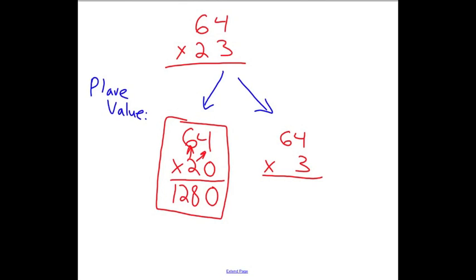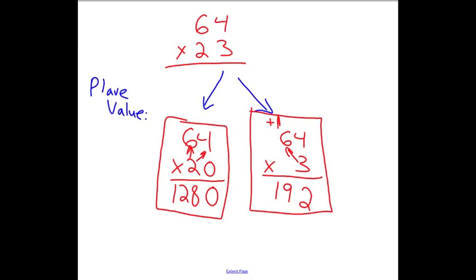Over here I'm multiplying by 1s, so I just multiply 3 times 4, which is 12. I have to regroup a 1, then multiply 3 times 6, which is 18, then add the 1, which is 19. So now I have solved this half of the problem. What I need to do now is add my two halves of the problem together.